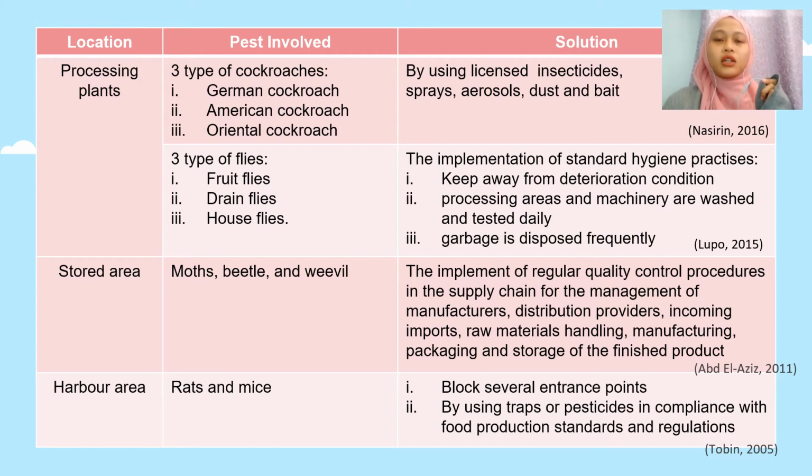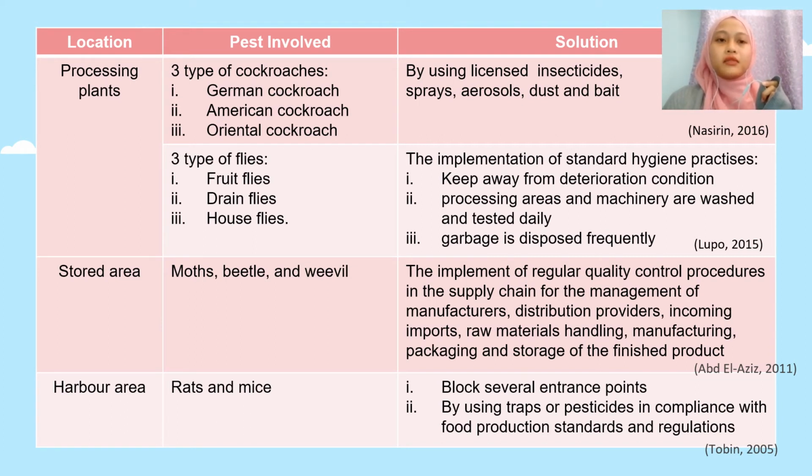Okay, so to solve this problem is by the implementation of standard hygiene practices, which we have to keep away from the deterioration condition, and also to ensure that the processing area and machinery are washed and tested daily. Okay, so the most important thing is we have to dispose garbage frequently for at least twice a week in a hot climate.